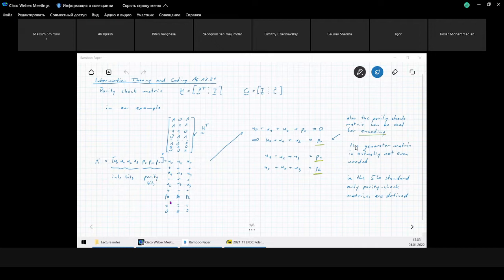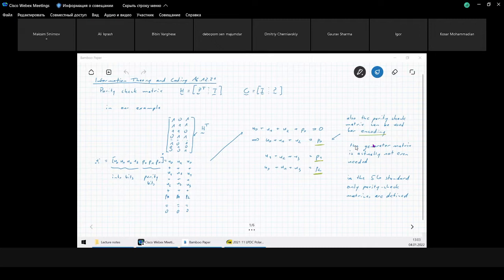So in our simple example here, we can derive these parity equations. Here I wrote them again, the parity equations, and how we can calculate the parity bits from our information bits if we just know this parity check matrix H. In low density parity check codes, often the generator matrices are not even provided.